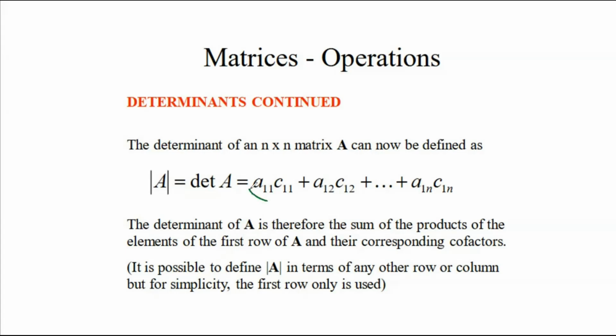Notice you're taking the first element by the cofactor of that first element. The second element by the cofactor of the second element, and so on. If you have 3, you have the third element by the cofactor of the third element. All of this seems too mathematical. An example will better illustrate it. Better example, don't worry.